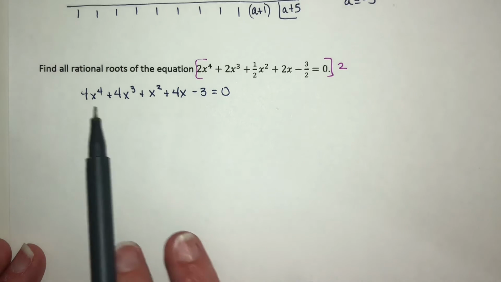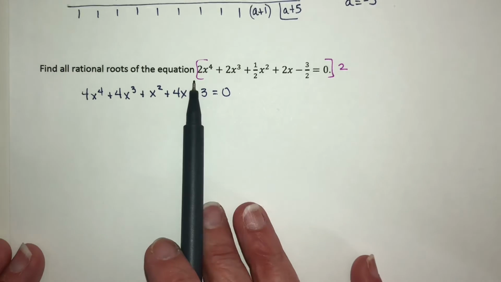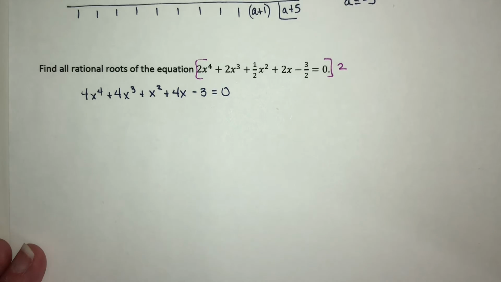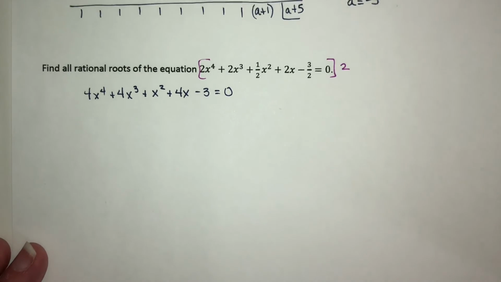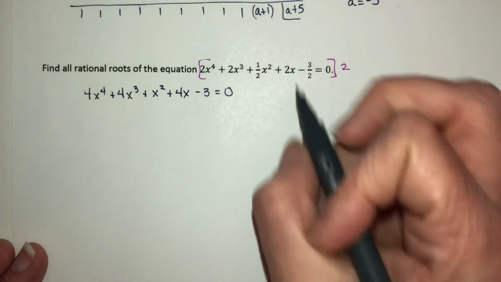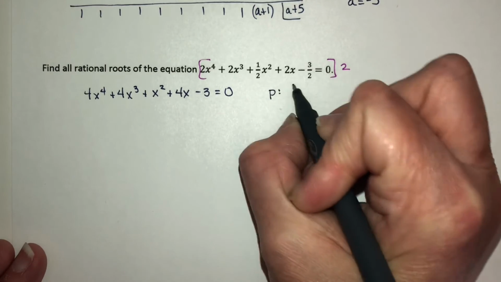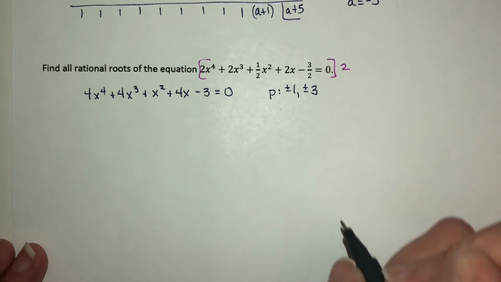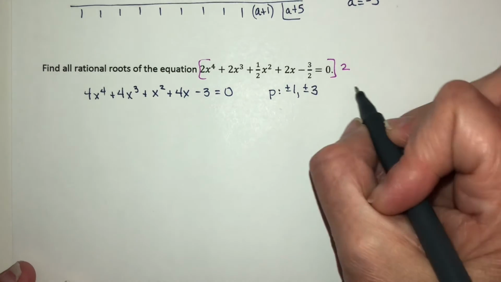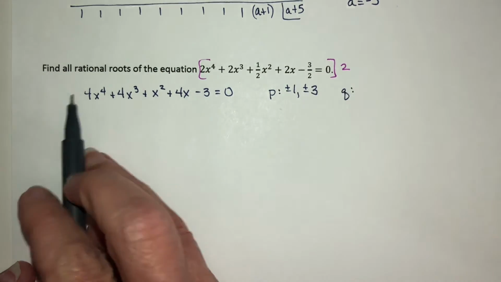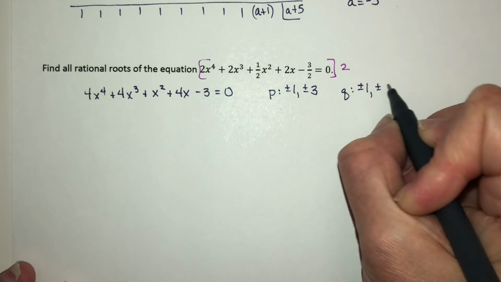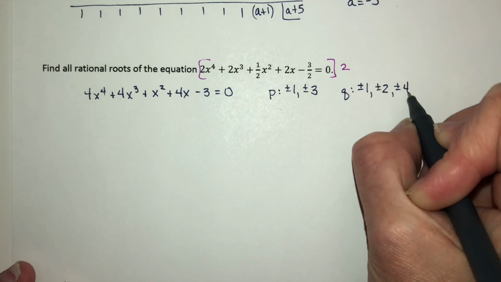Okay, now that I have it in this form, I can find my p over q and I can work it the way we've been doing it. Okay, my p-values come from the 3. Okay, my q values come from the 4, so plus or minus 1, plus or minus 2, plus or minus 4.